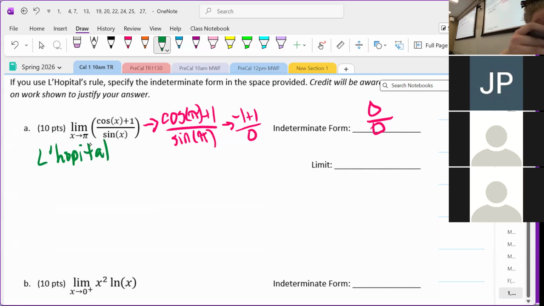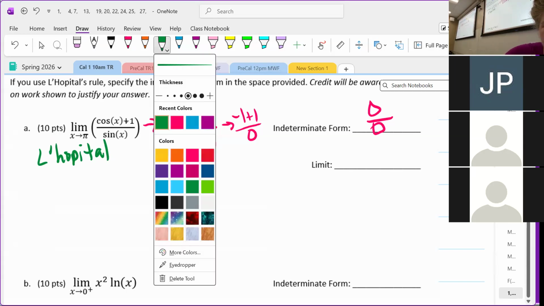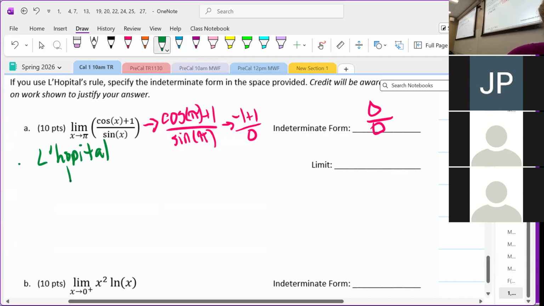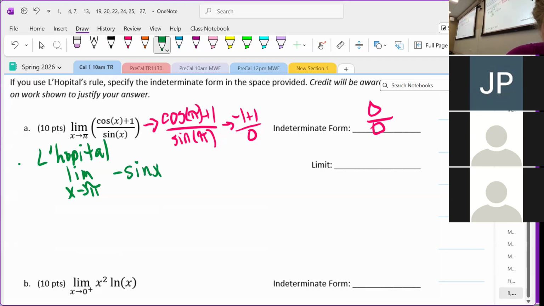And I take the derivative, not of the fraction. I am not using the quotient rule here. I'm taking the derivative of the top and then the derivative of the bottom, each on their own. I still have my same limit. The derivative of cosine x is negative sine x, plus the derivative of 1 is 0.